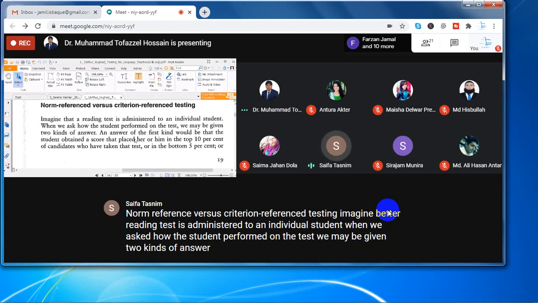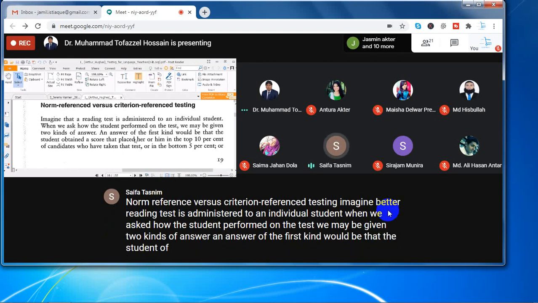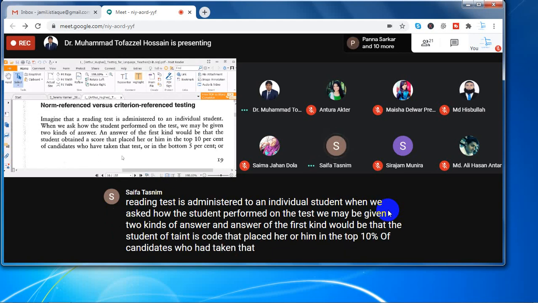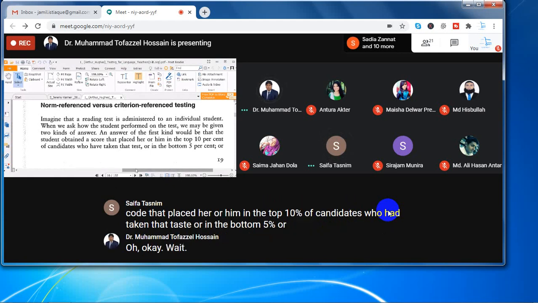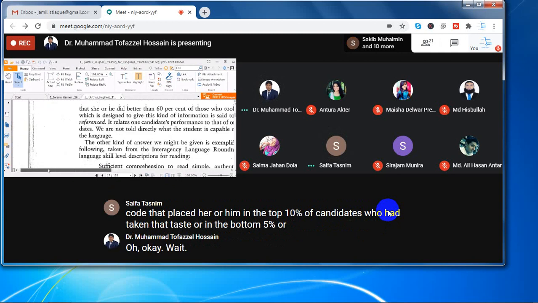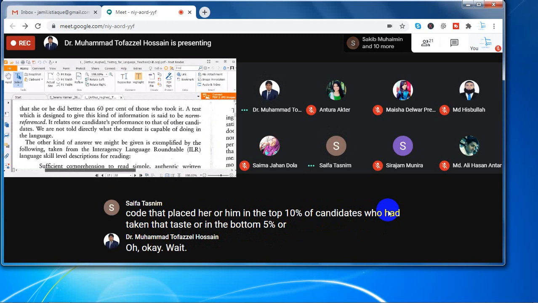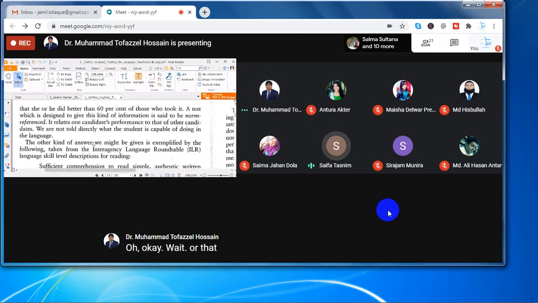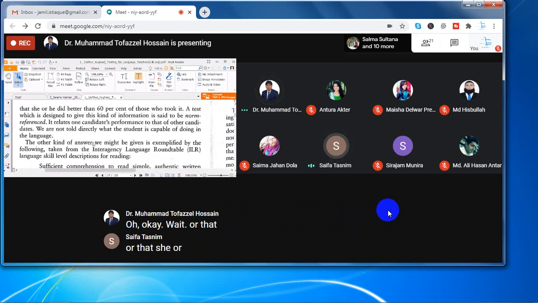An answer of the first kind would be that the student obtained a score that placed her or him in the top 10% of candidates who had taken that test, or in the bottom 5%, or that she or he did better than 60% of those who took it.